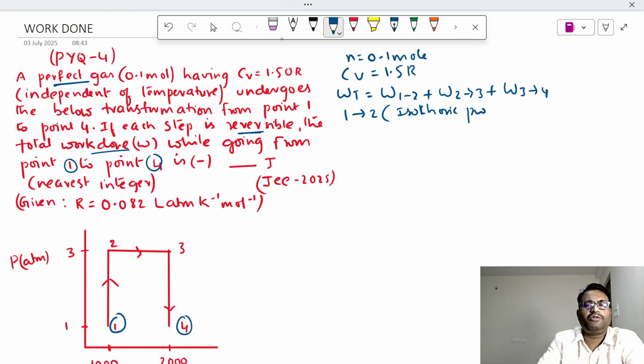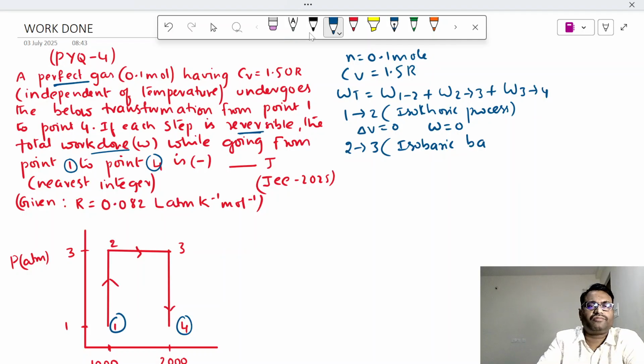For an isochoric process delta V is equal to 0, so work done is equal to 0. Process 2 to 3 is an isobaric process.